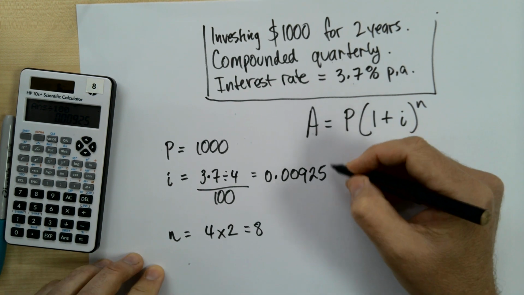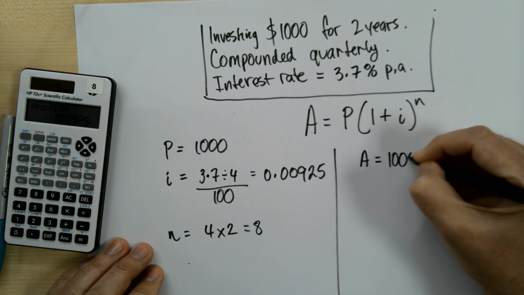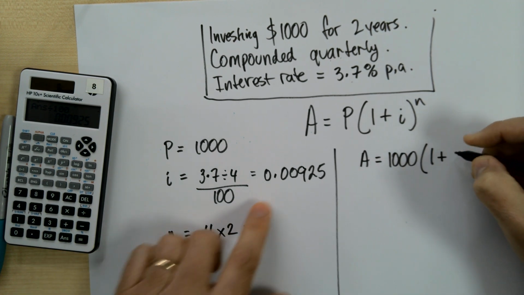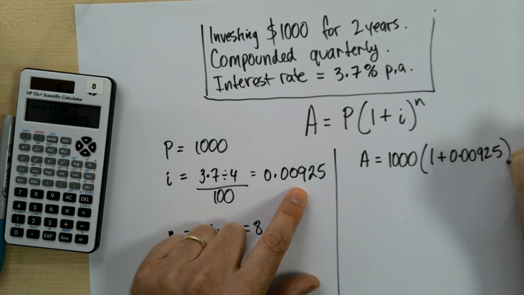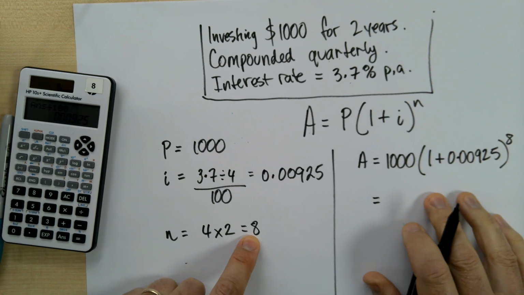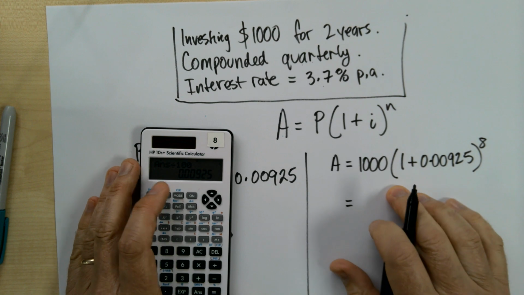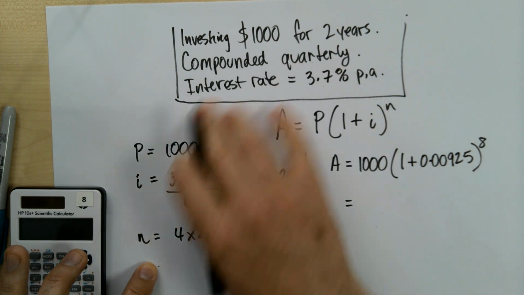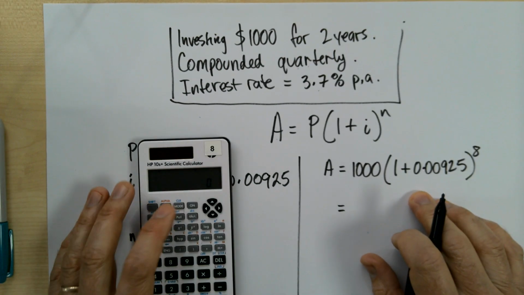Okay? Righto, so let's plug things in. A equals 1,000 outside of 1 plus 0.00925 to the power of 8. Okay, this is why I did the previous video where you had to just drive the calculator to do that, because you might know all about how to do this, but if you can't find that button on the calculator, you can't do this.